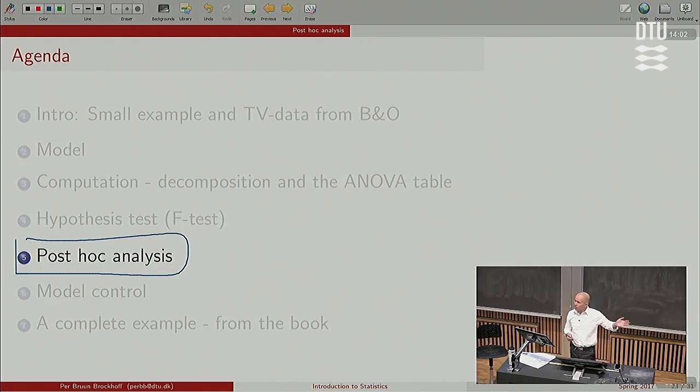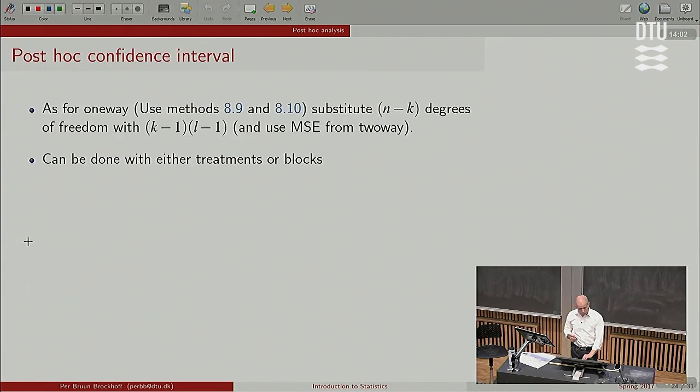Now we have means for treatments and means for blocks if we want. The way it's put in the notes is that we should do the same as for one-way. So there are no specific method boxes for the two-way post-hoc part.